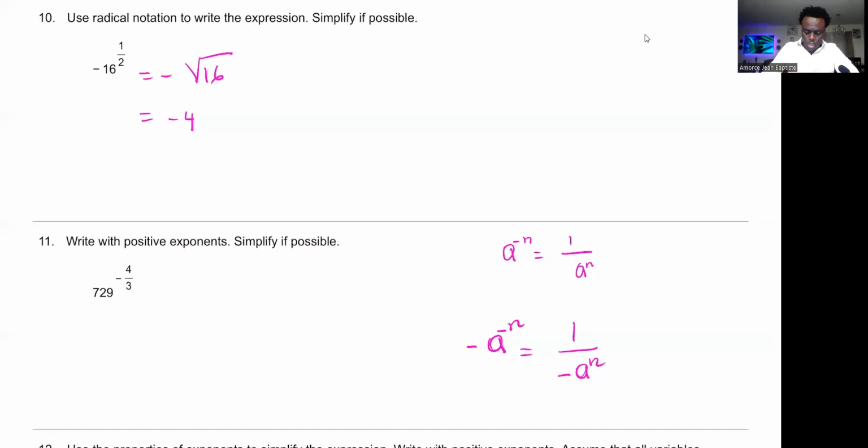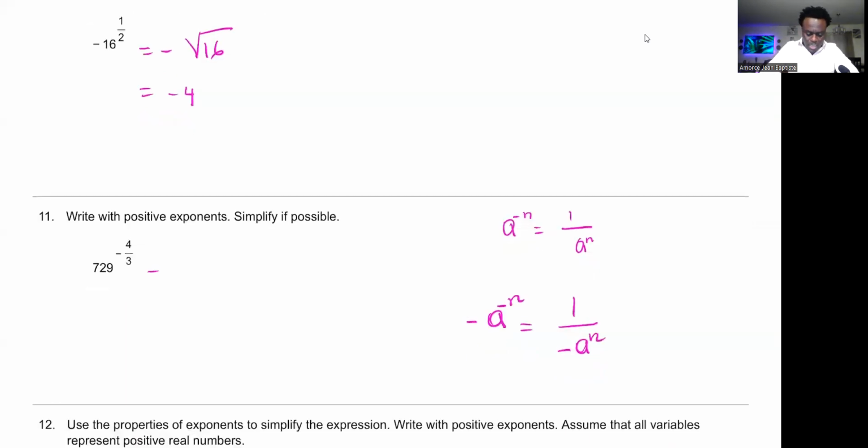So that said, this is going to be 1 over, if you want to stop and think, great. So that's 729 to the power, you know, this thing is too high, I'm going to put it lower, and then the exponent is 4/3.